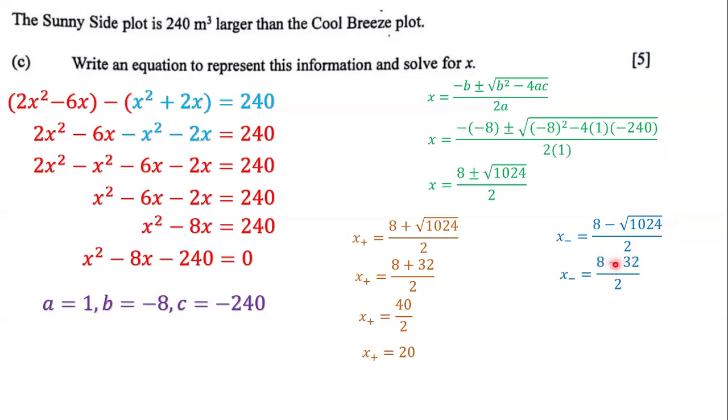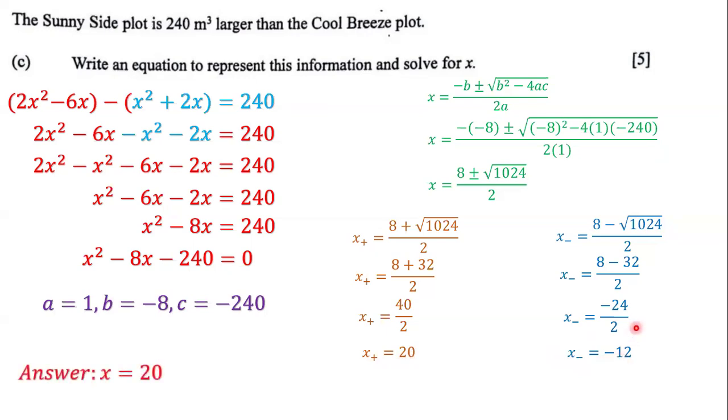So we have 8 minus 32, and 8 minus 32 is definitely negative 24. And so we have negative 24 divided by 2, and negative 24 divided by 2 is simply negative 12. And so we have two values for X. We have that X is equal to 20 and X is equal to negative 12.